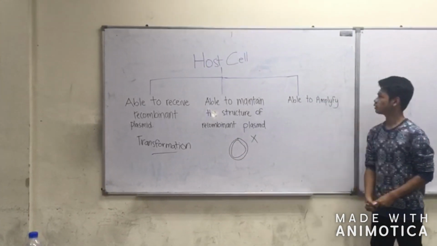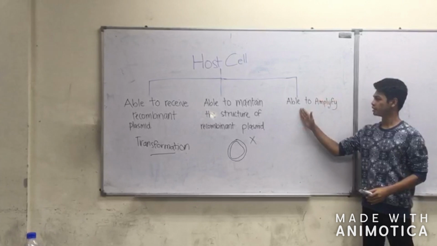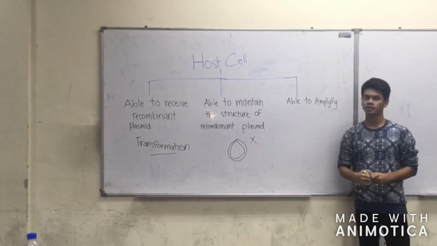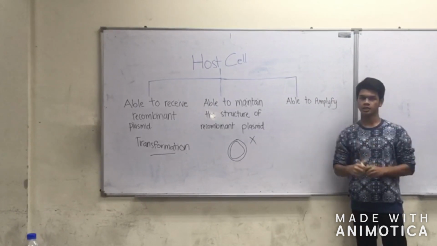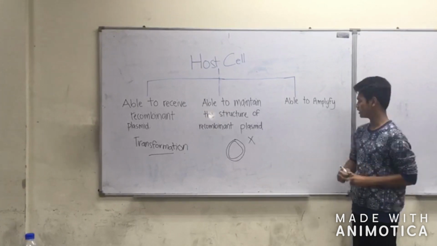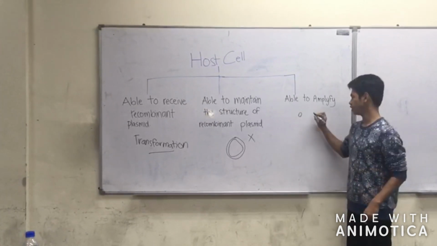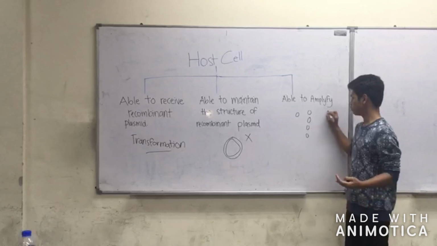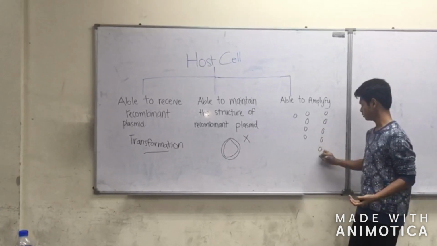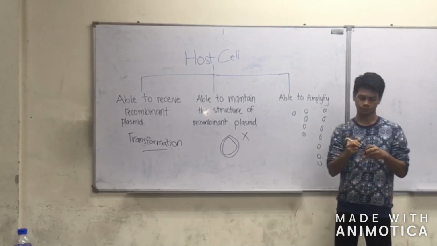The last one is that the host cell is able to amplify, meaning it can increase in number, in quantity. So from 1, it can increase to maybe 4 and then 8 and more and so on.